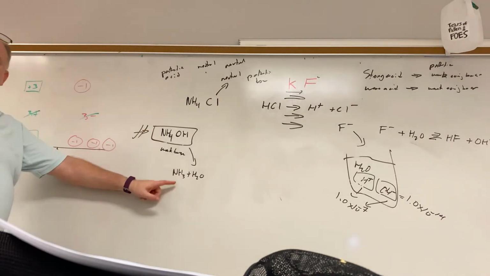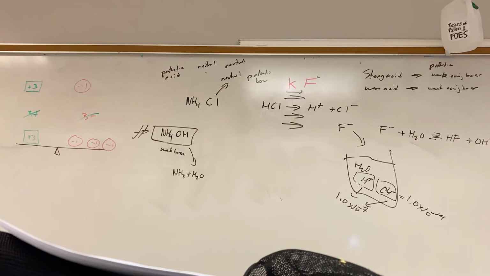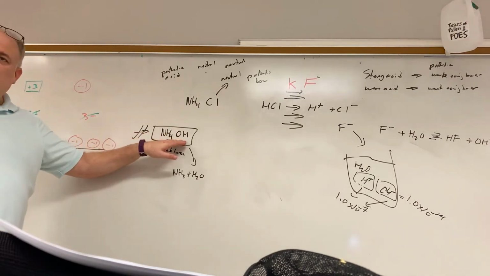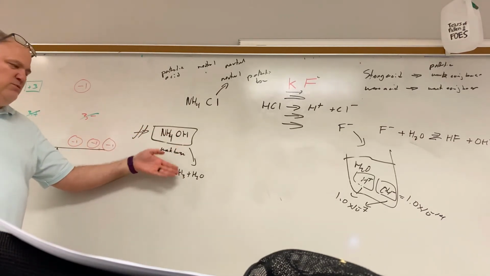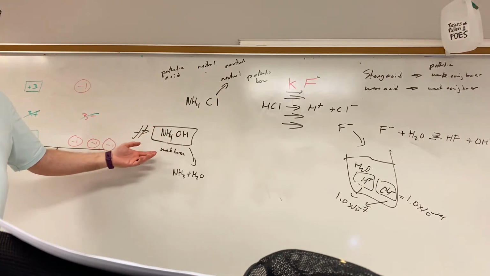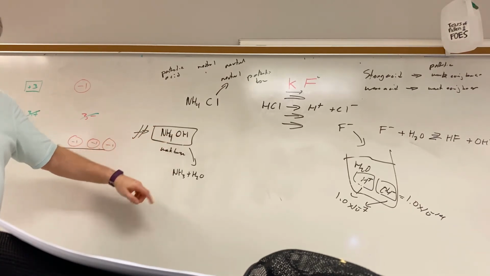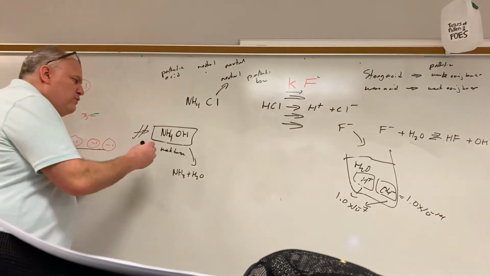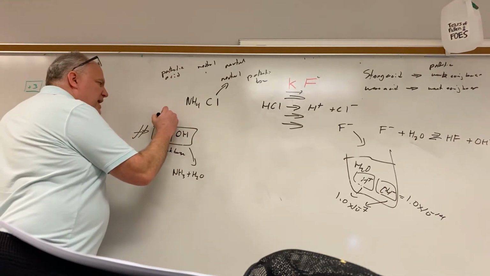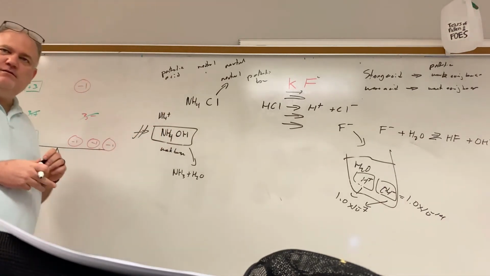In fact, when we did solubility rules, the weirdos, I told you they can never write NH4OH ever. It's always written as this. So in essence, we're doing the same thing as saying NH4 and NH3 are conjugates of each other. But what I know then is this: NH4+ will not be pathetic.